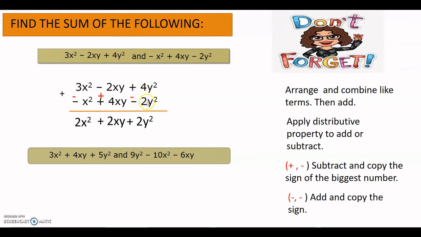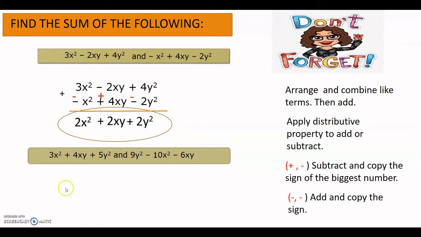So, 4 minus 2 is 2 and our sign here is positive. So, copy the variables and the exponent. In addition and subtraction, we don't touch the variables and exponent. They will stay the same. So this is our final answer: 2x squared plus 2xy plus 2y squared.